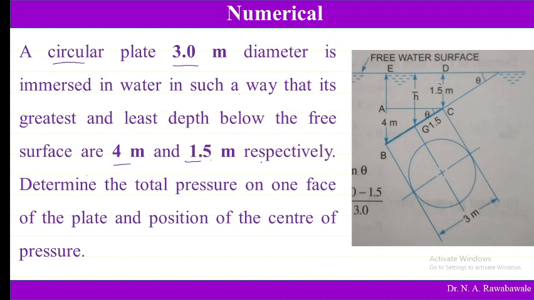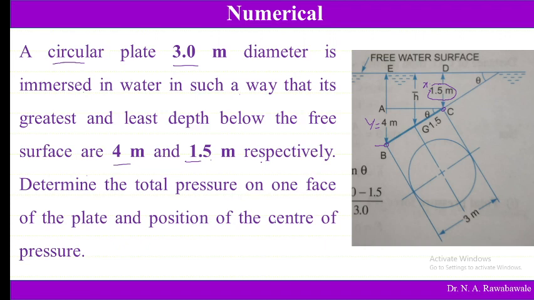So this 1.5 meter, as in the previous case, we call x, and this distance from point B to free surface we call y meter, that is 4 meter. So one edge is at 1.5 meter, another point is at 4 meter from free surface respectively. Determine the total pressure on face of the plate and position of center of pressure.